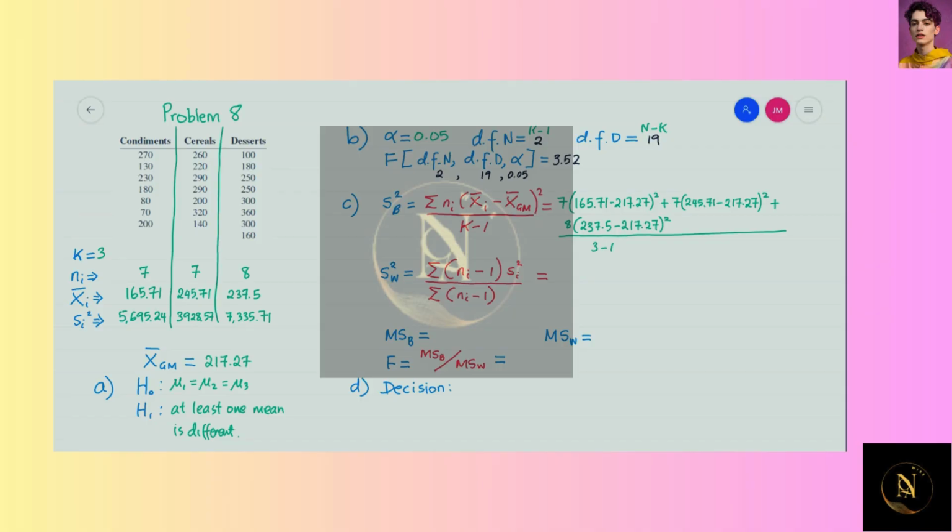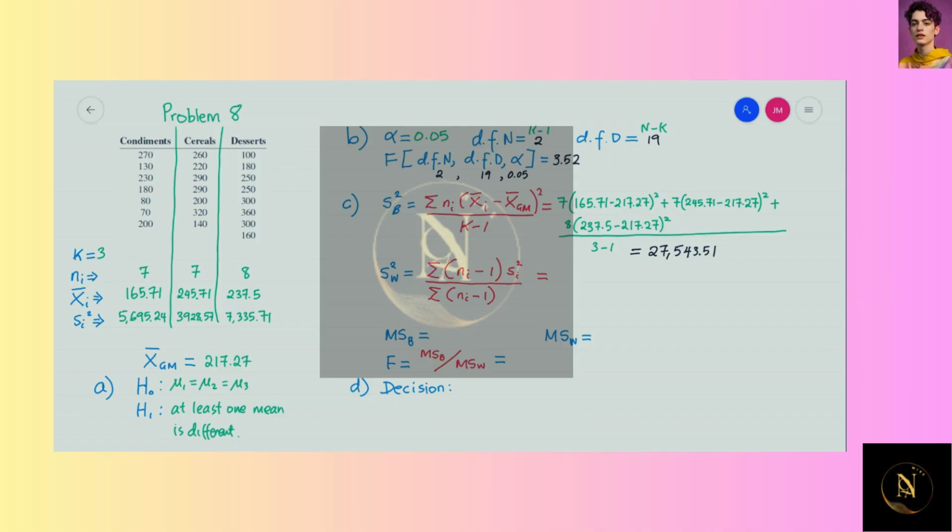And when you work this out, you will get the variance between the groups as 27,543.51.